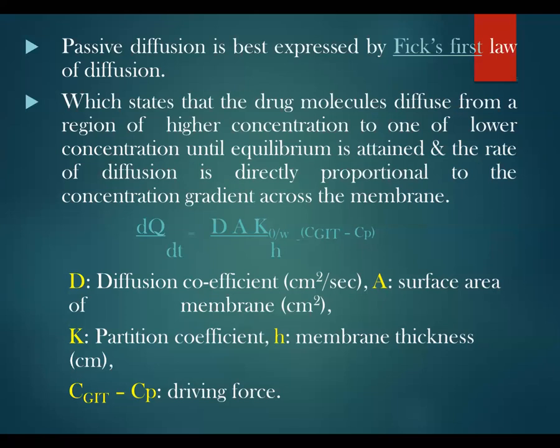According to this law, the drug molecule diffuses from a region of higher concentration to lower concentration till equilibrium is attained, and the rate of diffusion is directly proportional to the concentration gradient. Okay. Fine. So this is the law which explains the passive diffusion across the GI membrane.